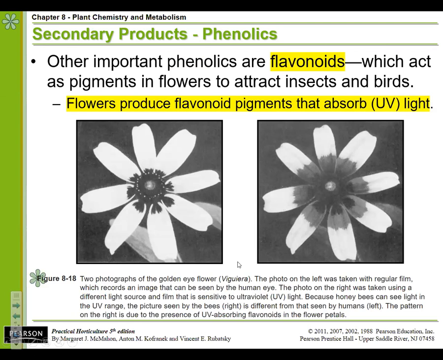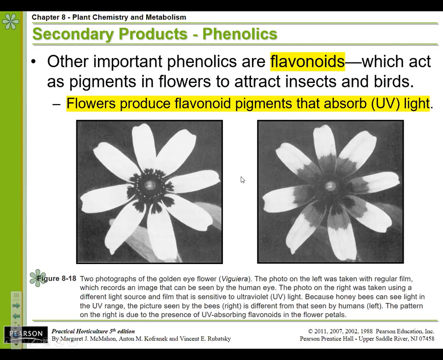Again, not important in the metabolism of humans, but important in particular things like eyesight or melatonin production. So flowers produce flavonoid pigments that absorb UV light.